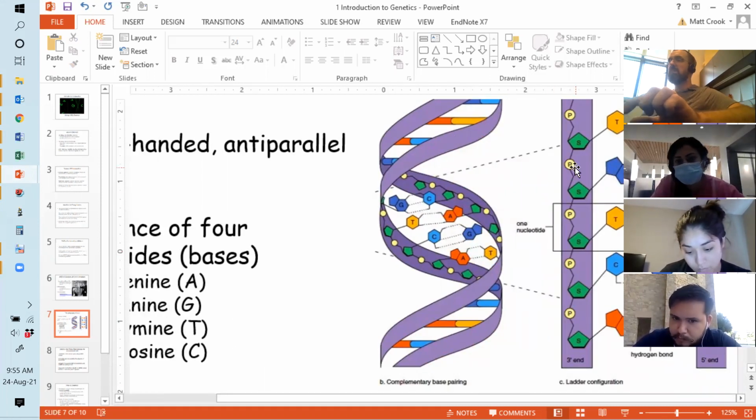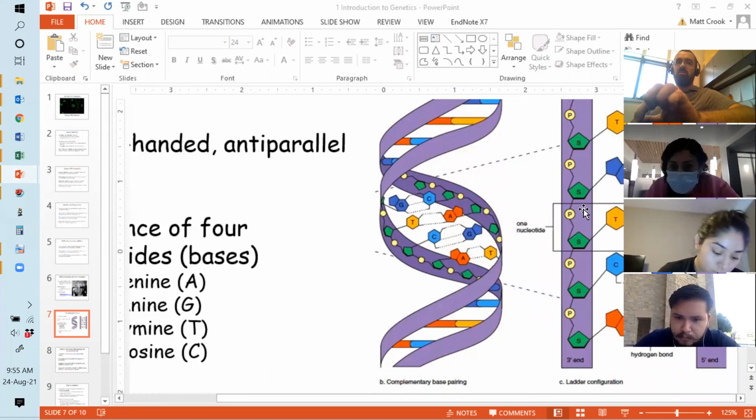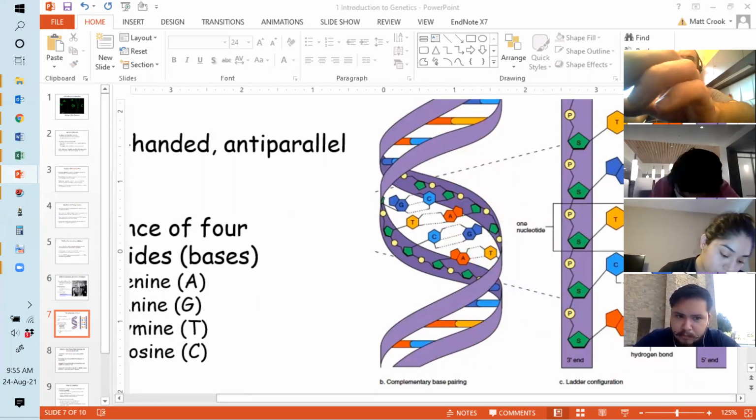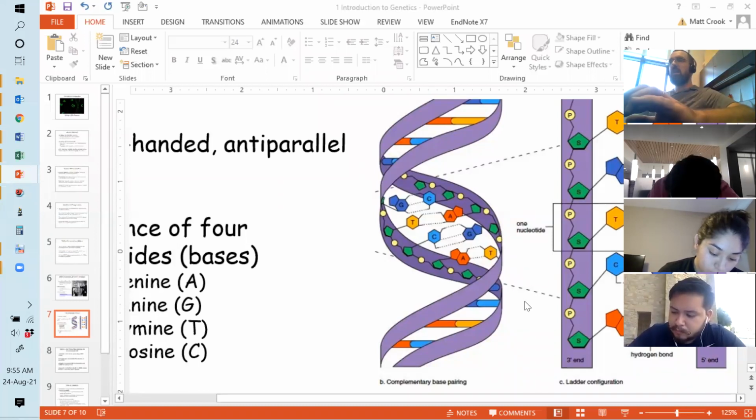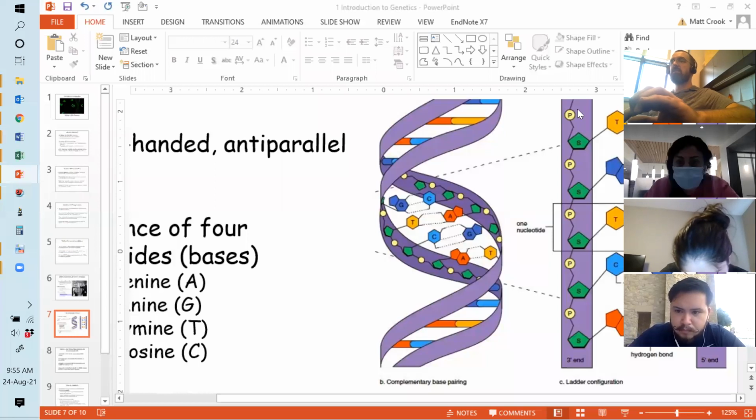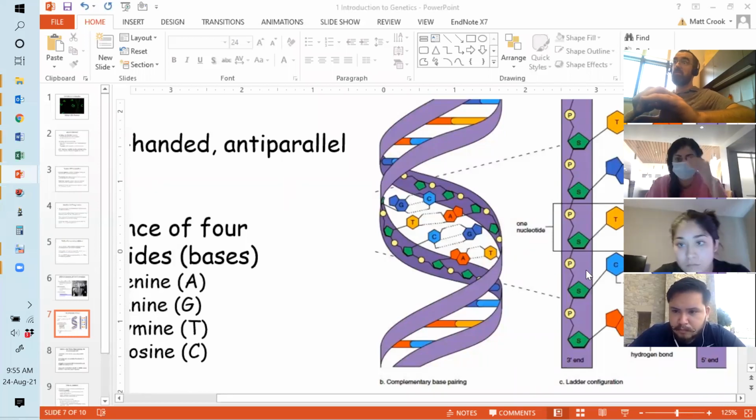P stands for phosphate, and S stands for sugar. You'll see that it is an alternating pattern: phosphate sugar, phosphate sugar, phosphate sugar, phosphate sugar.